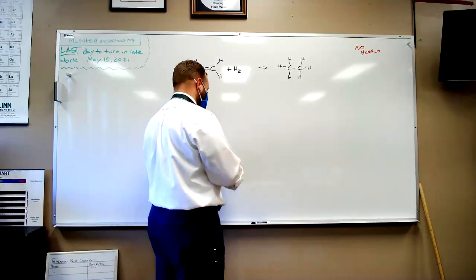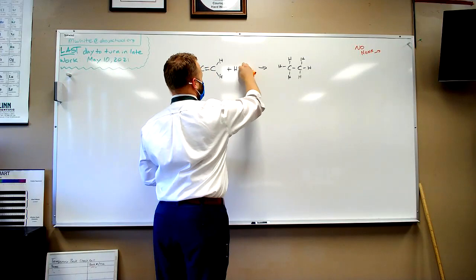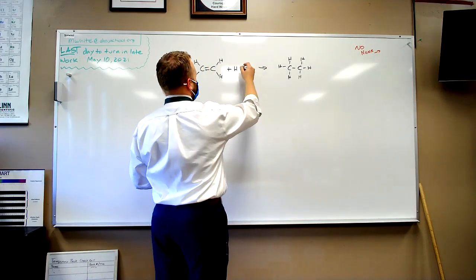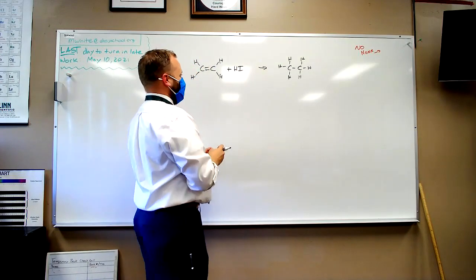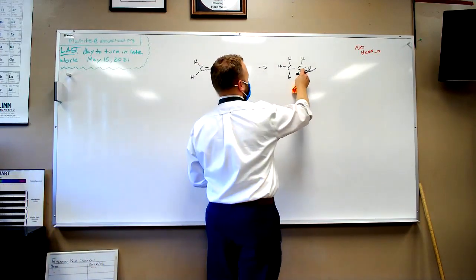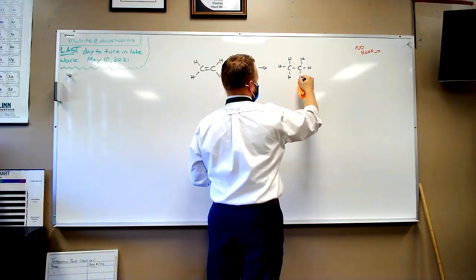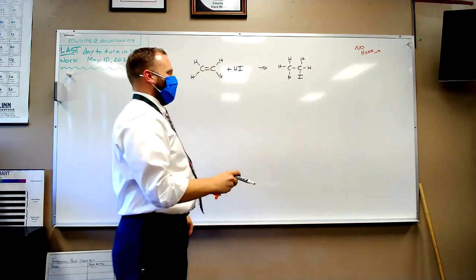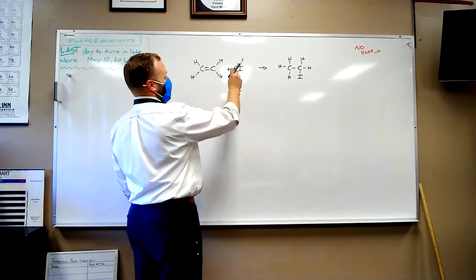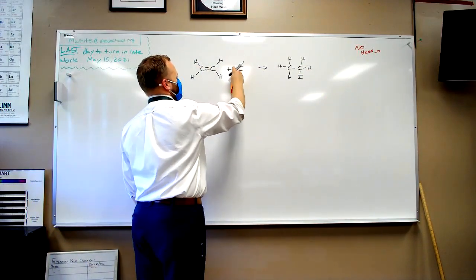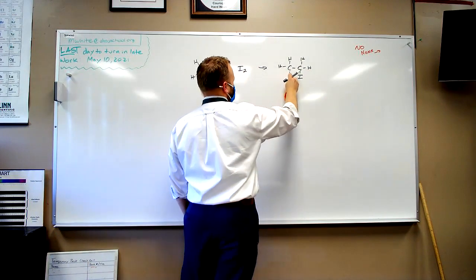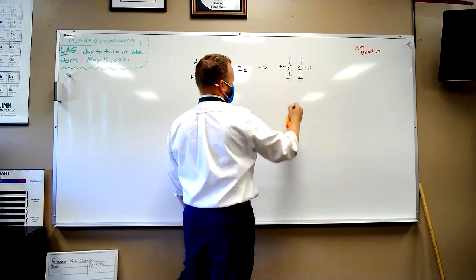And of course, if we have, let's take iodine this time, a halogen, then with that, it also is possible going this direction, do that, and we get something like that.